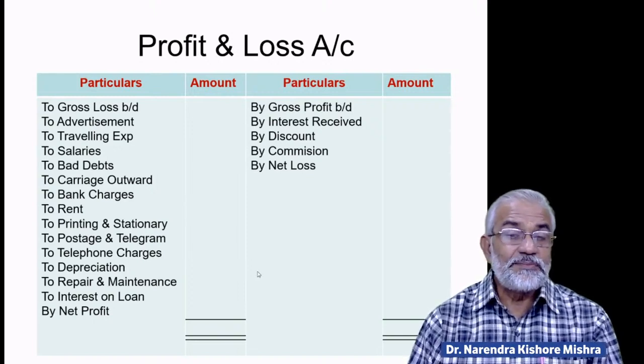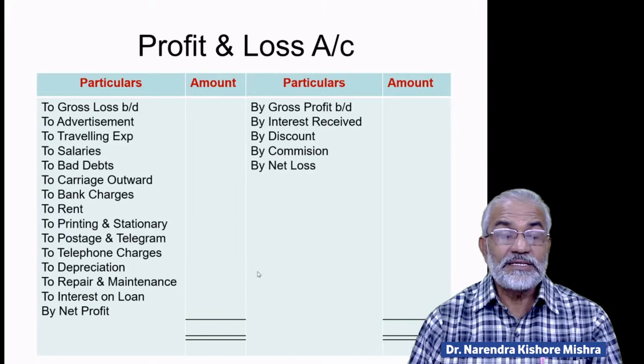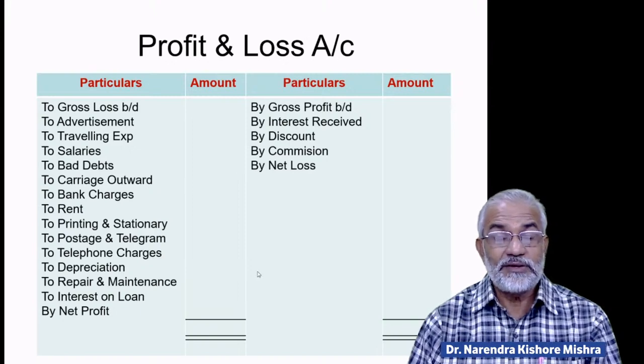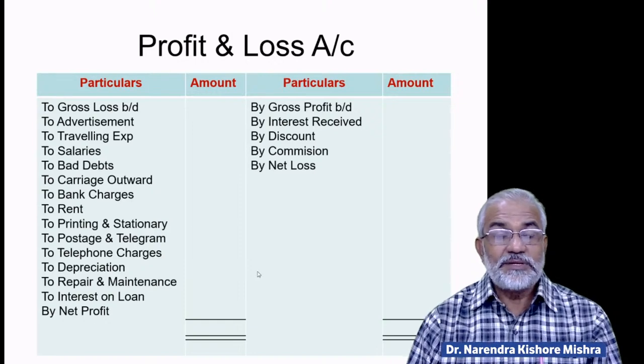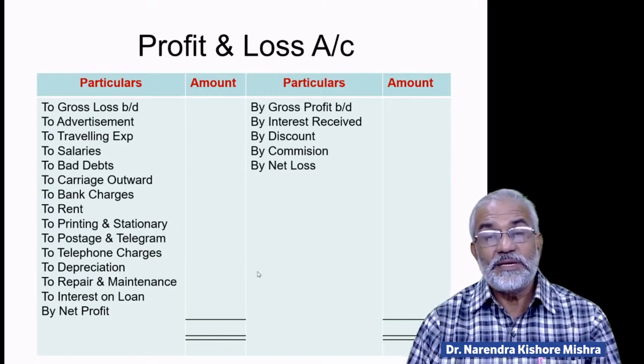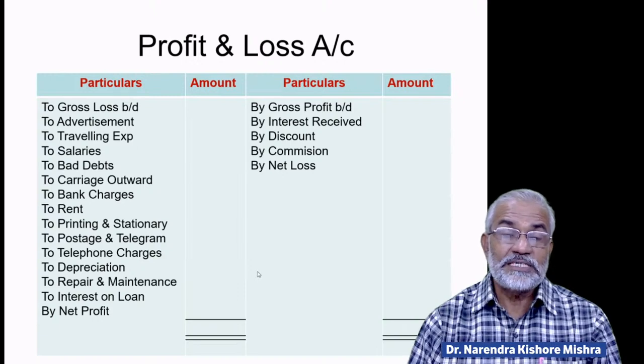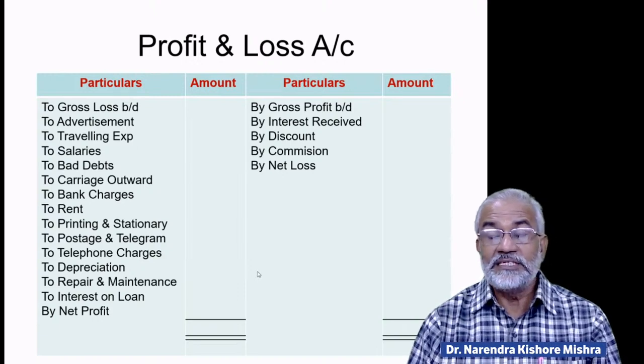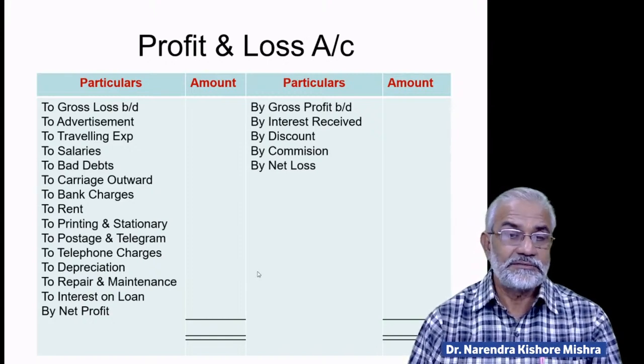That accrual concept plays a very vital role in preparation of the financial statements like profit and loss account or balance sheet. The essence of the accrual concept is that incomes have to be recorded on the basis of earning and expenses on the basis of incurring. It doesn't matter whether the expenses are paid or not and incomes are received or not.